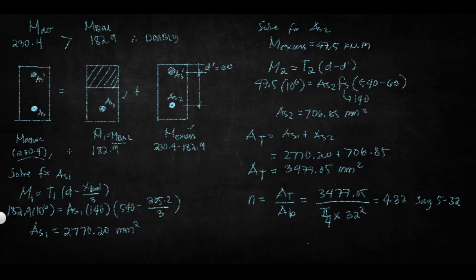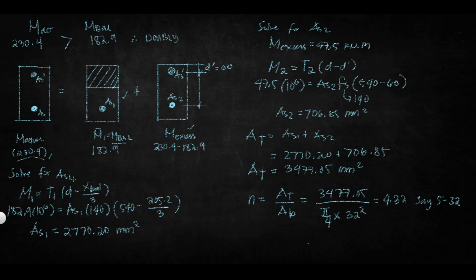So ngayon, paano natin siya solve? Una mong solve dito is yung AS1, which is similar to the singly reinforced. Singly reinforced muna tayo. So ang magiging M mo dito is the M balance. Kung paano mo sinasolve yung singly reinforced, ganoon na ganoon po, pero kung ang M mo ngayon is the M balance, hindi M actual, M balance ang ilalagay mo.